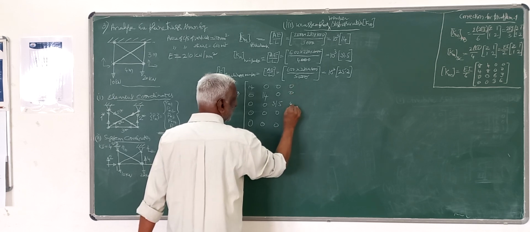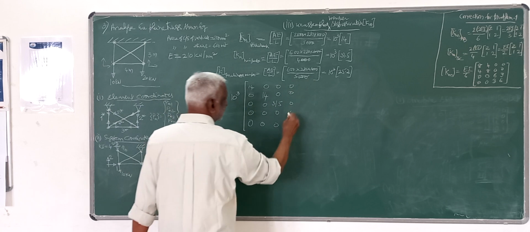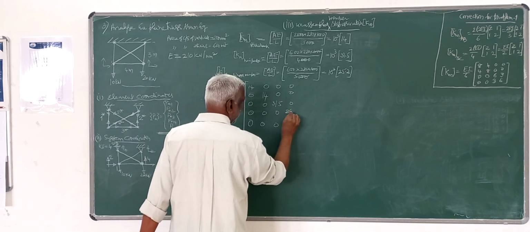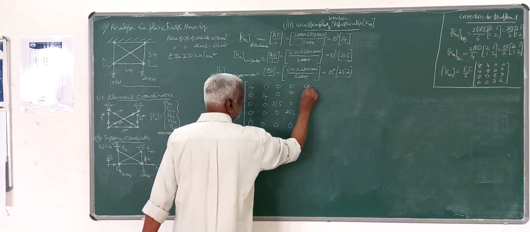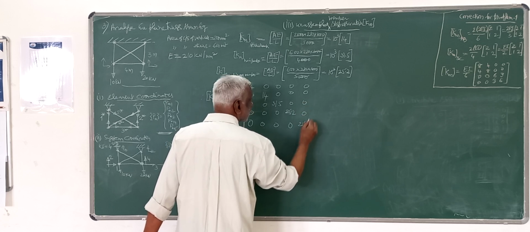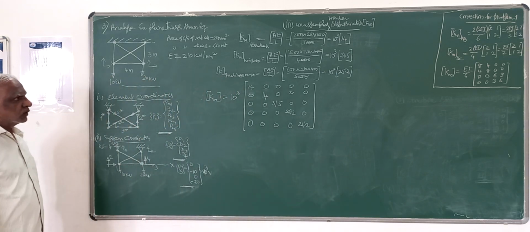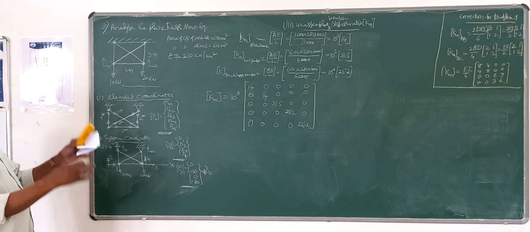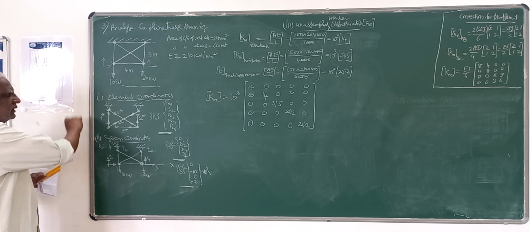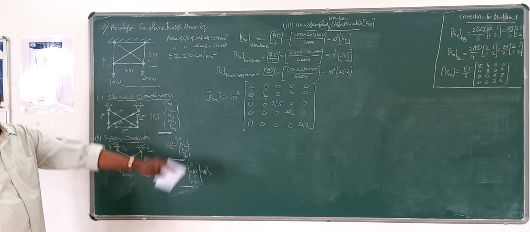Then the fourth member, which is a diagonal member, it is 25.2. Then the fifth member is again a diagonal member, for which it is 25.2 into 10 cube. So this is my full unassembled member stiffness matrix.